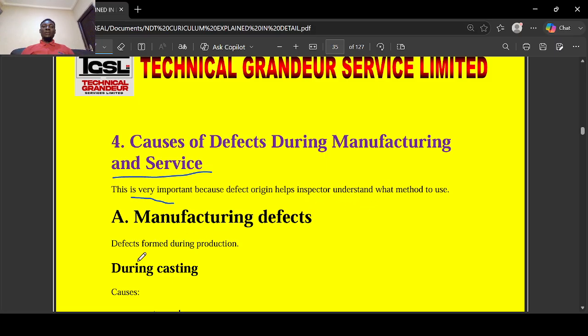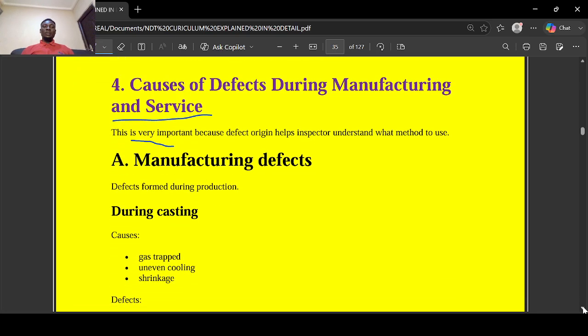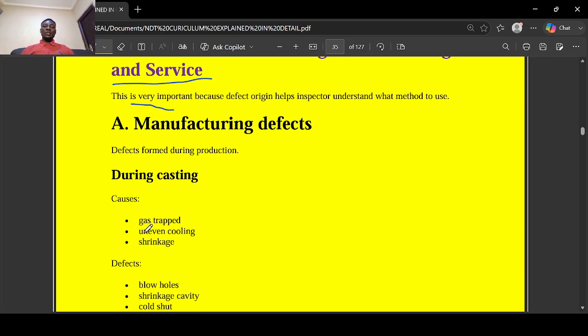Manufacturing defects: defects formed during production, during casting. We have gas trap, uneven cooling, and shrinkage. Gas trap, like porosity inside the pipe. Uneven cooling means the cooling was not proper, it's not well arranged.